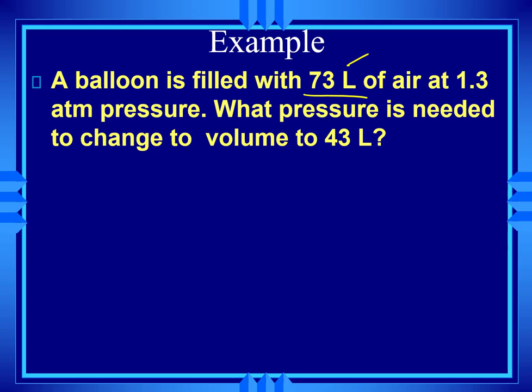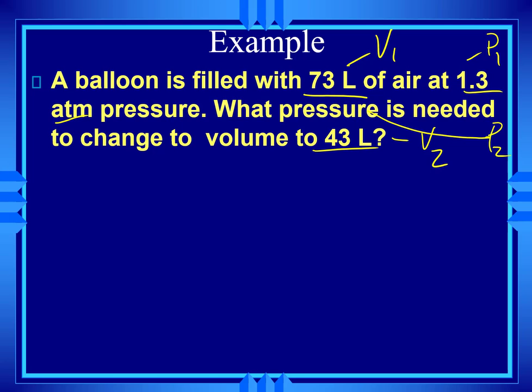So 73 liters is a volume. 1.3 atmospheres is a pressure. 43 liters is a second volume, so that must have been my first volume. And the 1.3 atmospheres went with the 73 liters, so it was a P1. And they want, what is the pressure? They're looking for P2.